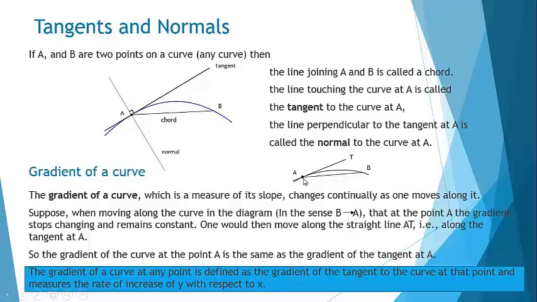Once it reaches A, B becomes A. So the gradient of the curve at the point A is the same as the gradient of the tangent at A. We can say the gradient of a curve at any point is defined as the gradient of the tangent to the curve at that point and measures the rate of increase of y with respect to x.